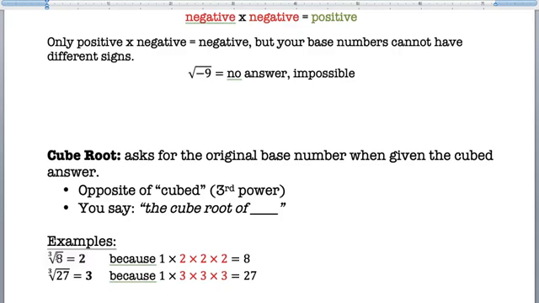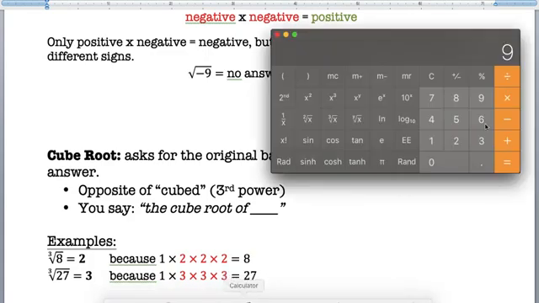We want to find the number that will multiply by itself 3 times to get to 8. So that number is 2. The positive answer is 2. Okay? Because if you put into your calculator, 2 times 2 is 4, and you times another 2, that'll get you to that 8.